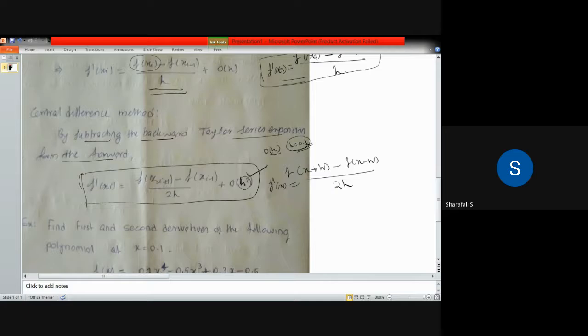So this will be having this much of error. But if you consider the central difference method, your order will be h squared. The error order for the error term will be h square. This is the order. So this is nothing but 0.01 if you consider h equal to 0.1. So your error will be much smaller when you consider the central difference method.